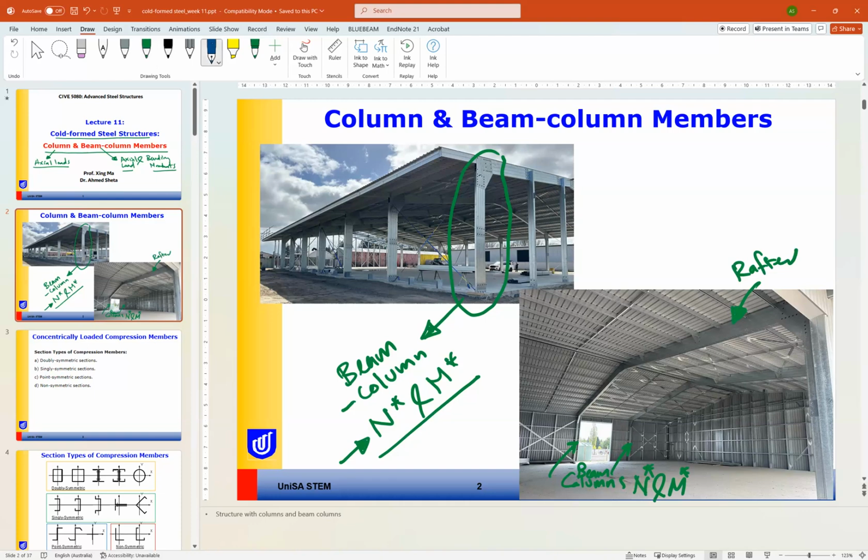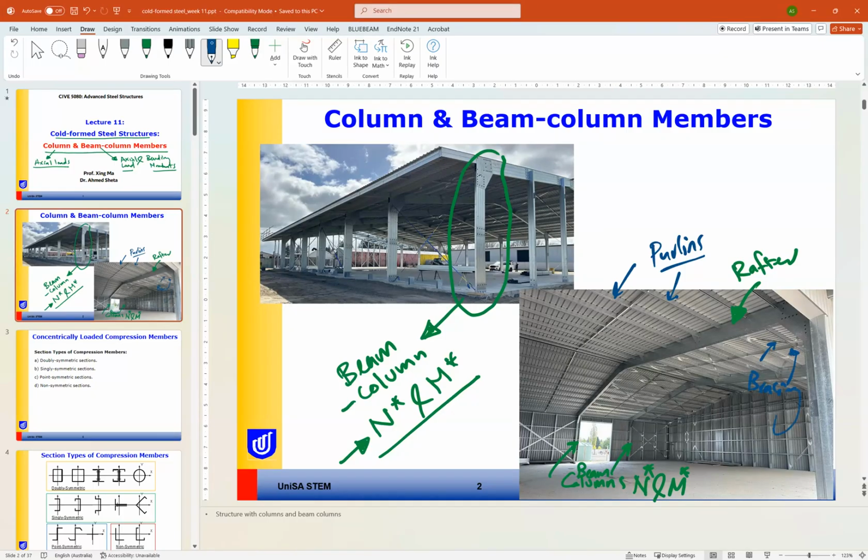And what is this, guys? Do you know? These members are purlins. And as you can see here, we have the diagonal members, which are the bracing.